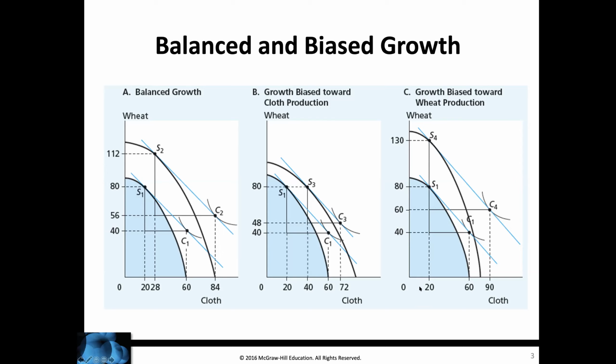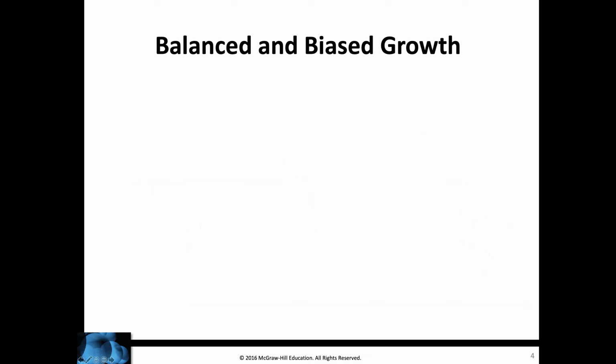So we do not see an increase in production in cloth. Again, we see a good jump here from C1 to C4, which means that we're still willing to trade and import a significant amount based on the consumption.